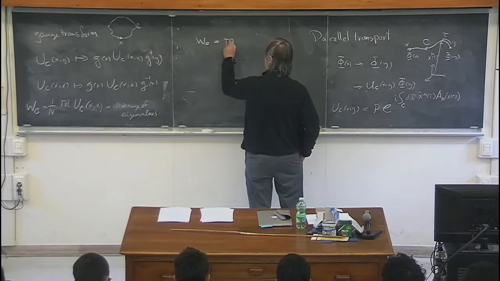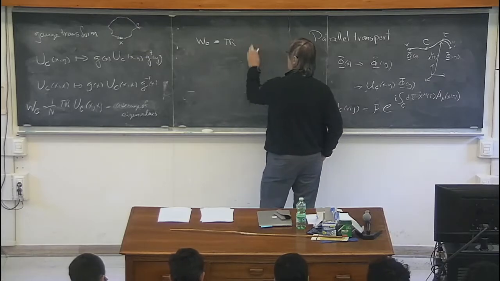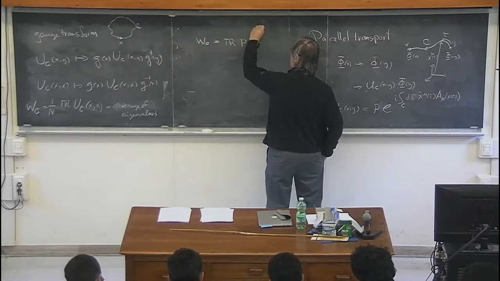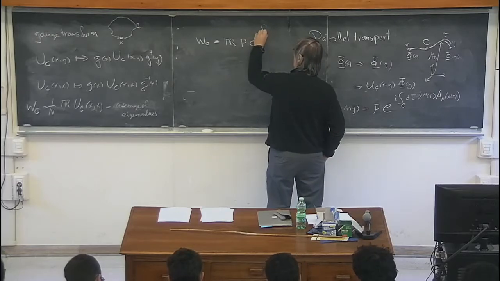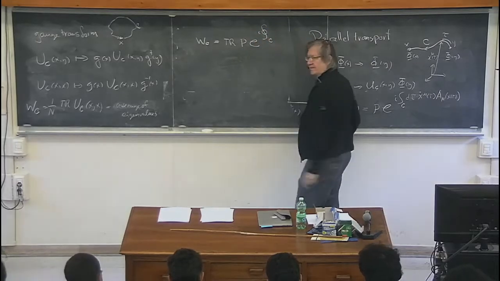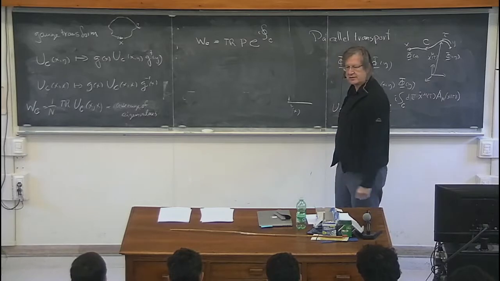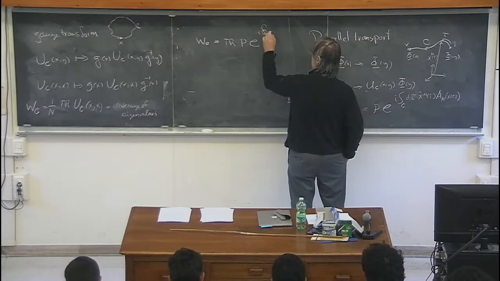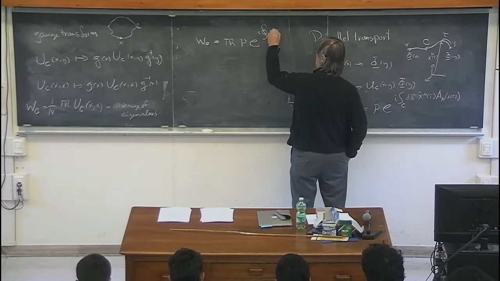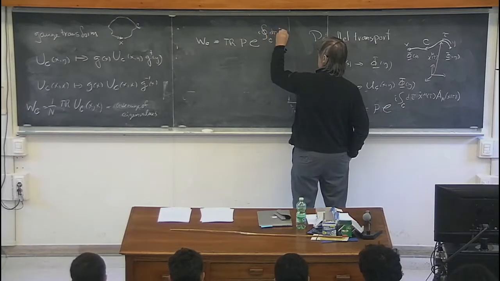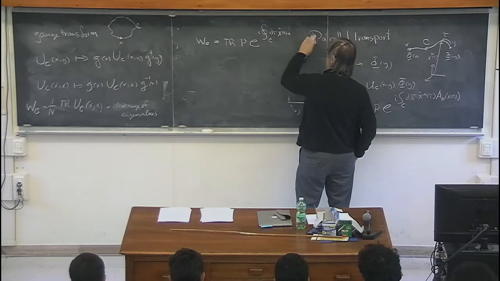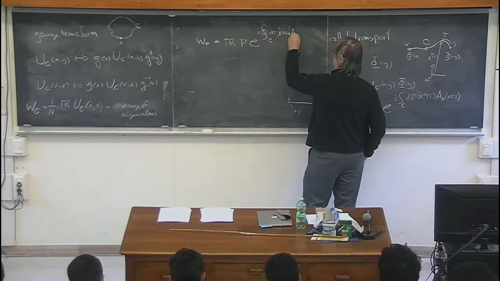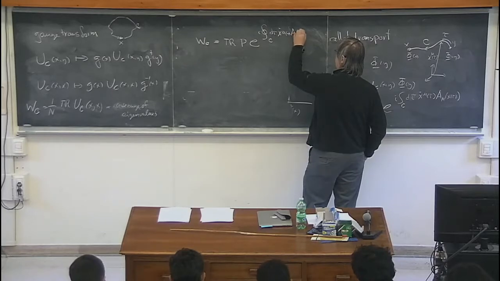So I'll drop the 1 over n and take a trace of the path-ordered exponential of now the integral around a closed curve of the exponential of this integral of the tangential component of the gauge field.